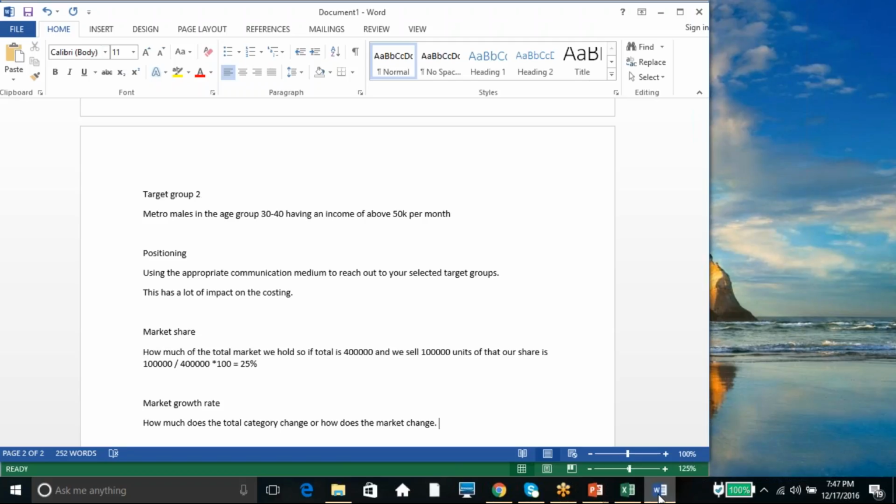It's what the entire industry does, all your competition put together. It's how the total changes. If you are a significant member of that total, you make an impact. If you are an insignificant member, you make no impact. So if your market share is very low, you have no impact on market growth rate. But if your market share is high, you have an impact.